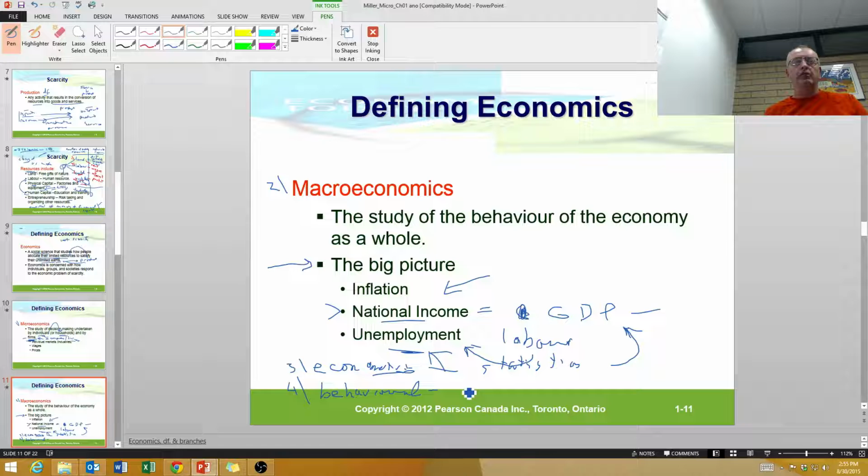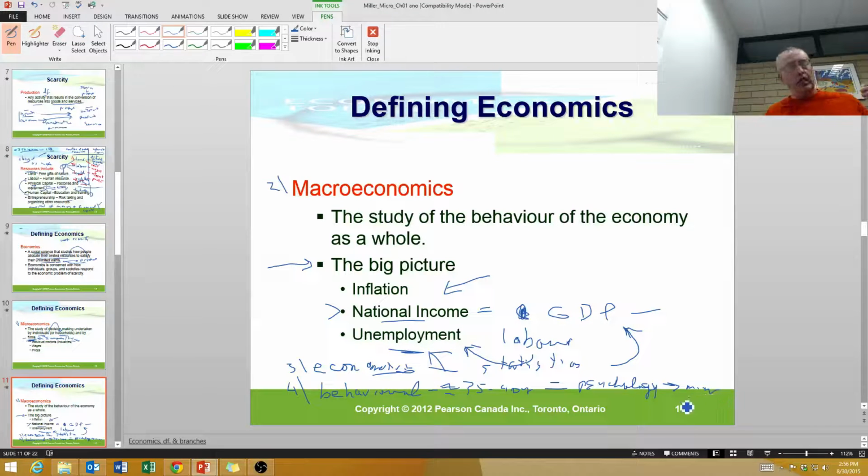It's only been around for about 35 to 40 years, as opposed to micro and macro, which have been around for over a couple hundred years. And behavioral economics is really the application of psychology to microeconomics.